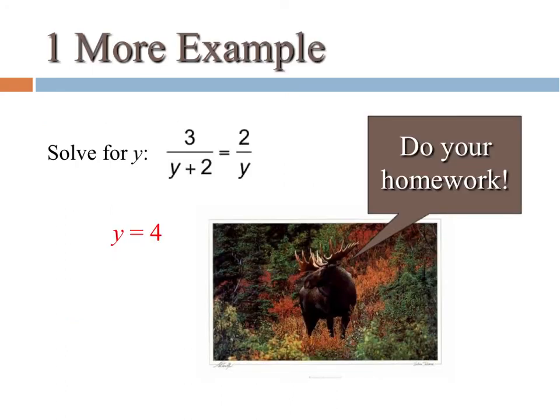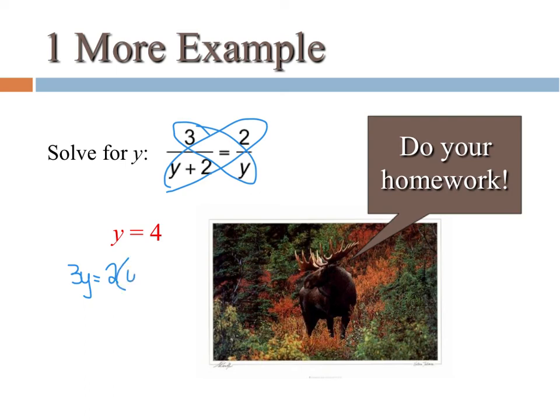All right, so the last problem here is a proportion where we're going to solve for y. So because it's a proportion, we can cross multiply. I'm going to take and multiply 3 times y. I get 3y equals, now here's where you have to be careful. Because your denominator here has 2 terms, the y plus 2, when you multiply by 2, it's not just 2y plus 2.